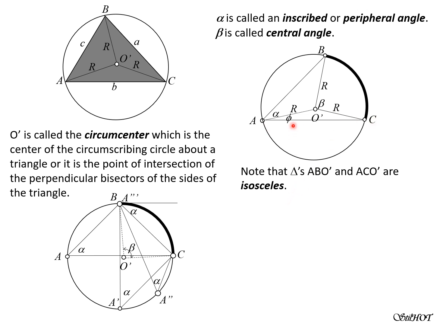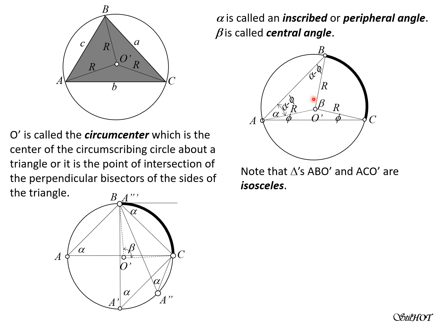So I'll call this P. Take note the entire angle here is alpha. So that is P. Then this is also P, and this is alpha minus P. That's also P. That's alpha minus P. That is also alpha minus P because this is isosceles.